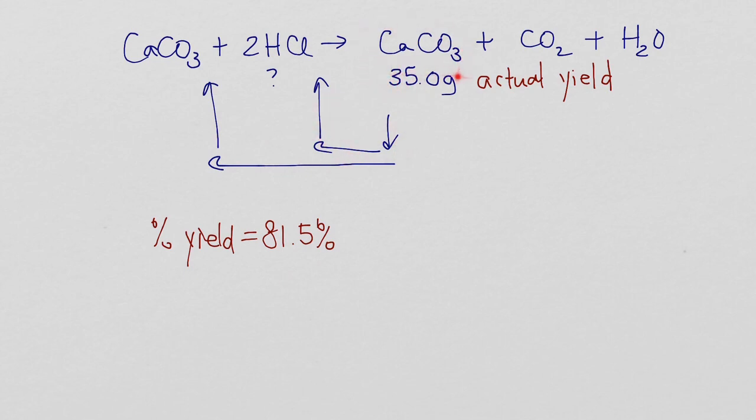So if you want to make 35.0 grams of it, you need to plan on making more, so that if something in the reaction goes wrong, you still end up having 35.0 grams.